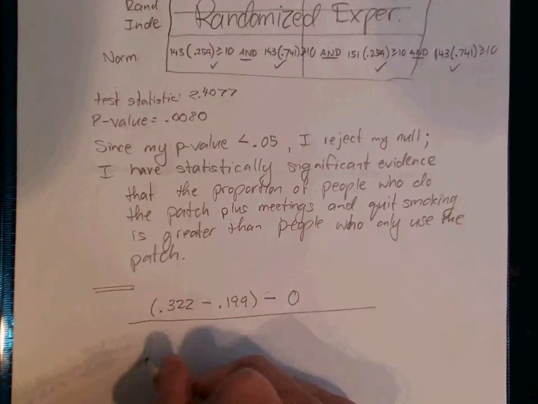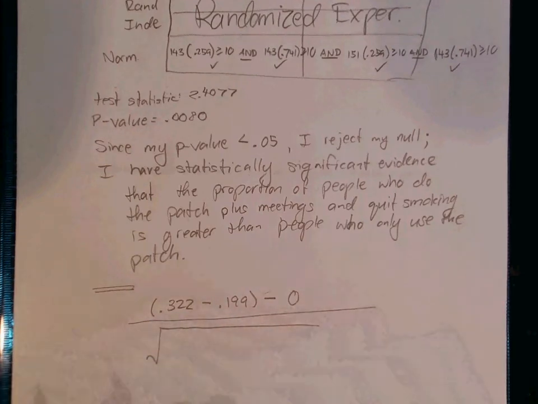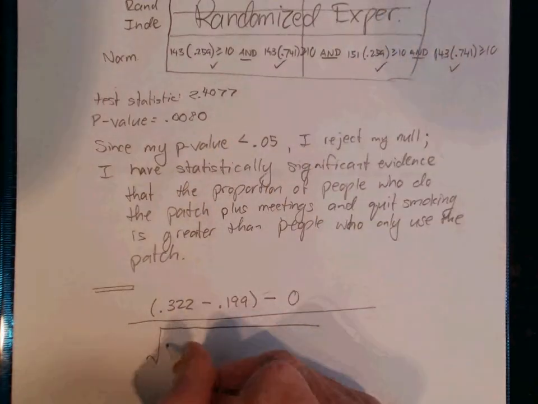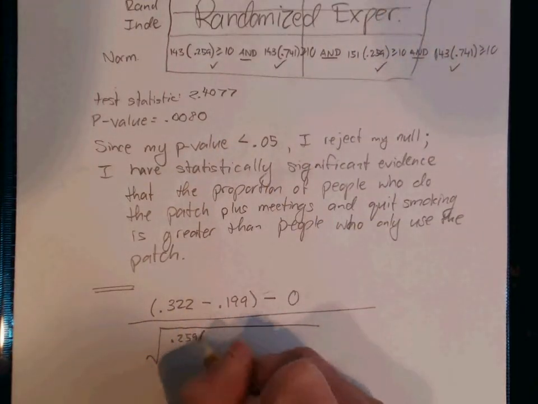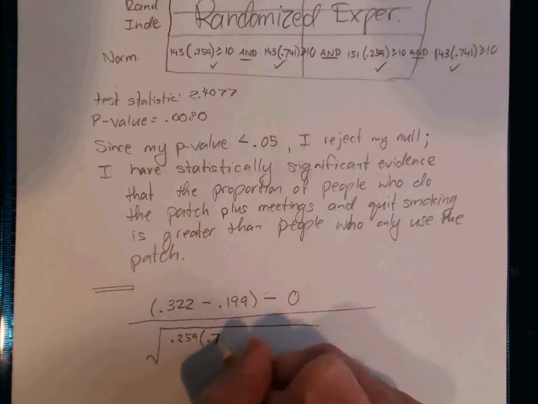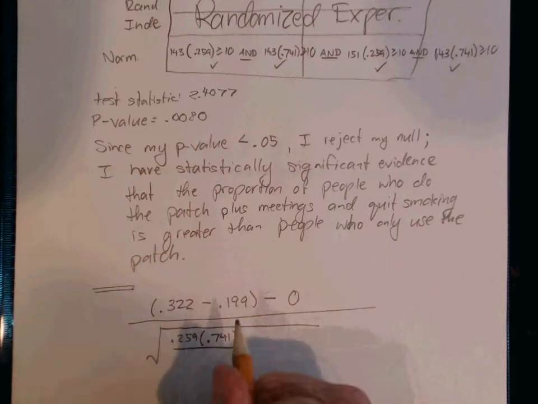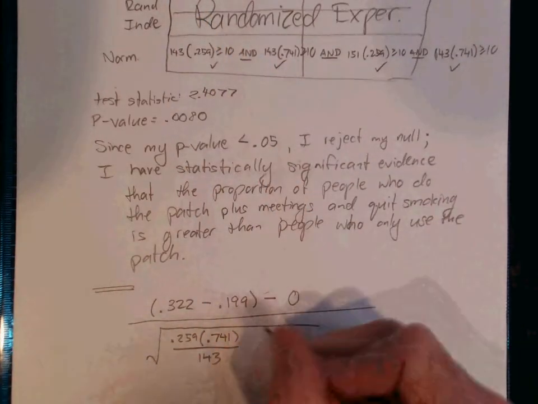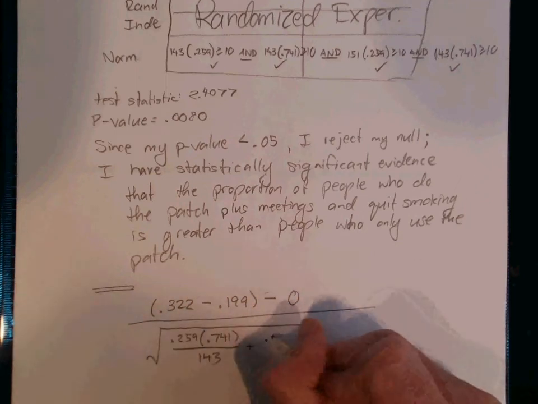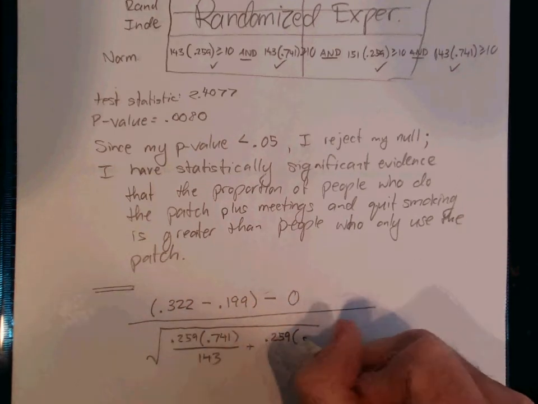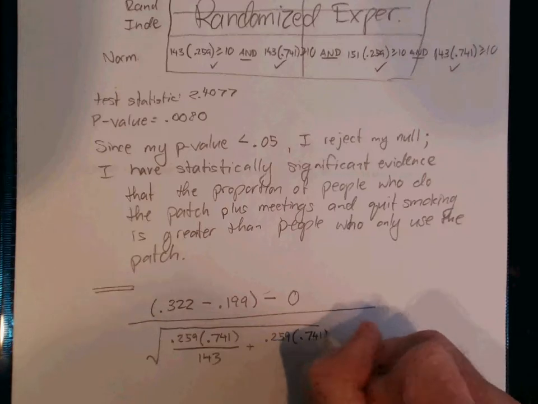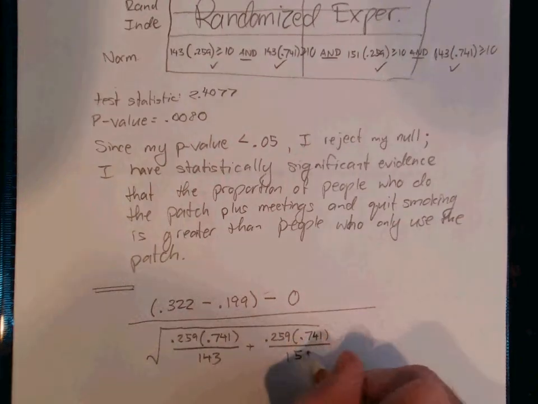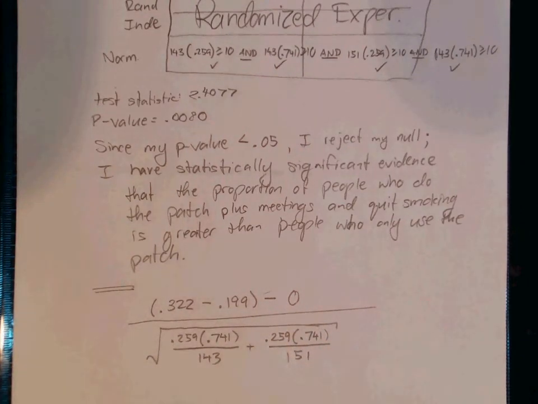Over the square root of, we're going to make use of p hat now, 0.259 times 1 minus 0.259, which was 0.741, over 143, that's the sample size of the first group, plus these same two, 0.259, the combined proportion, and 1 minus the combined proportion, all over 151, which was the sample size of the second group.